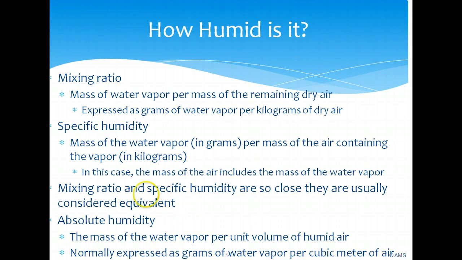So we don't talk about absolute humidity, mixing ratio, or specific humidity too much, but these are just other ways in which we can determine how much water vapor is in the air.